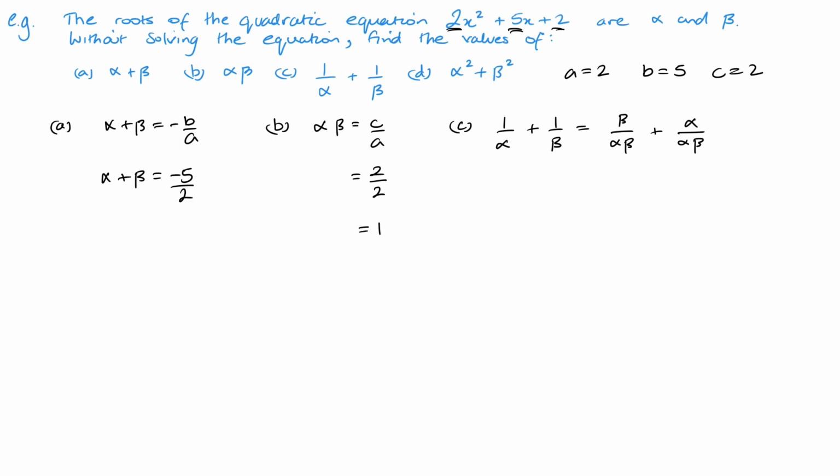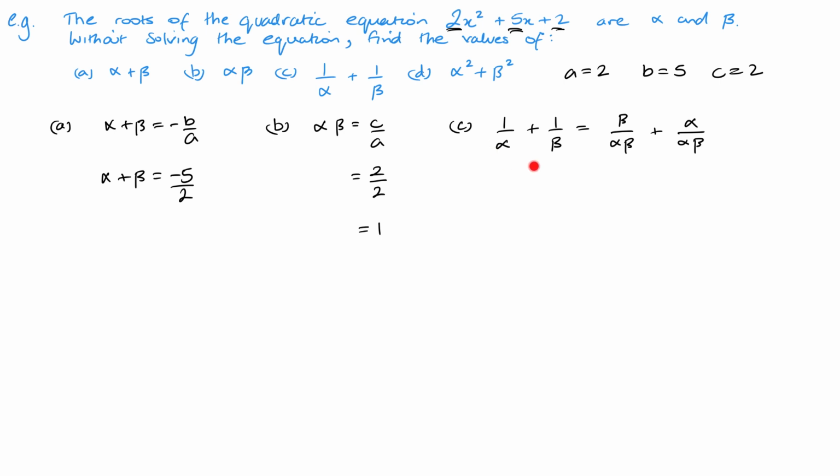So if I make this over alpha beta, I'm going to have beta over alpha beta, because then the betas will cancel, still leaving me 1 over alpha. Equally, making this an equivalent fraction over alpha times beta would be alpha over alpha beta, and you can see then your alphas would cancel.